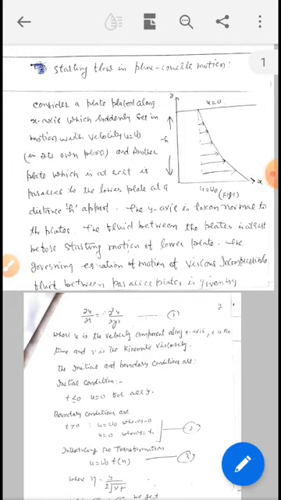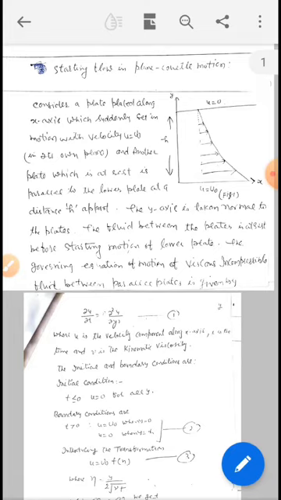In this video we study the starting flow in plane Couette motion. This diagram shows a plate placed along the x-axis which is suddenly set in motion with velocity u equal to u0 in its own plane, and another plate which is at rest, parallel to the lower plate at a distance h apart.